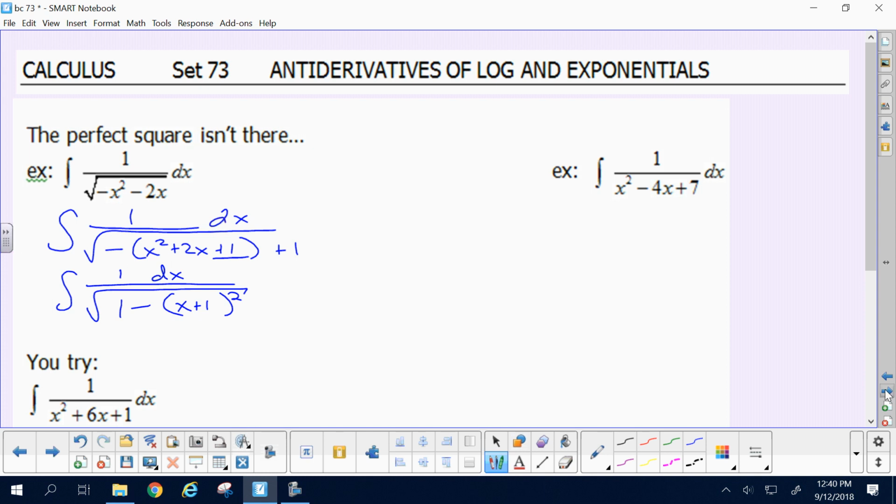Now we let u squared is x plus 1 quantity squared, so u is just x plus 1, so du is dx. We're all good there. That's nice and clean. When I make that substitution, I get 1 over root 1 minus u squared du straight up. So my antiderivative is inverse sine of x plus 1 plus c.